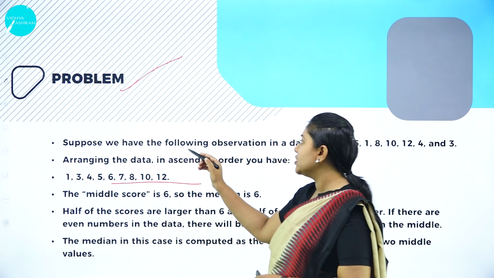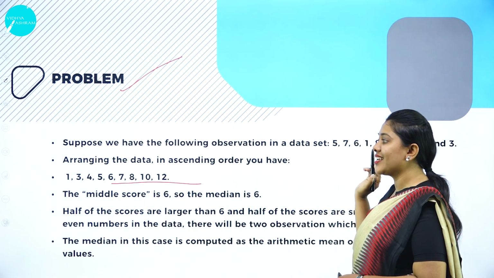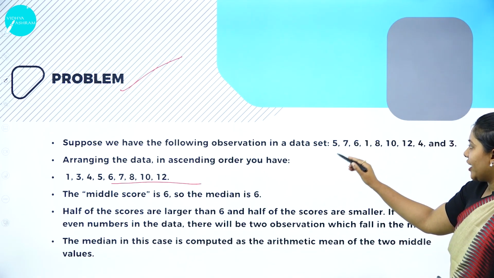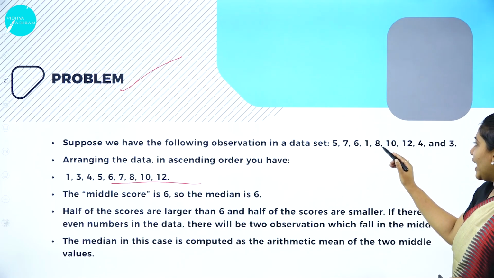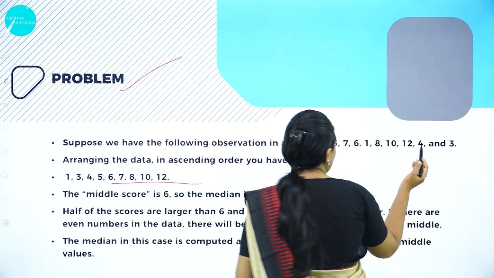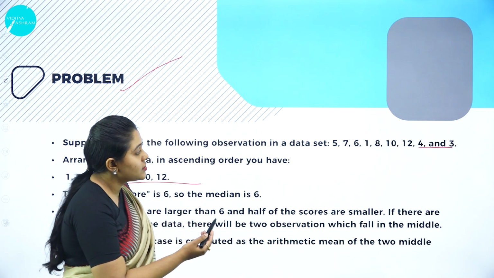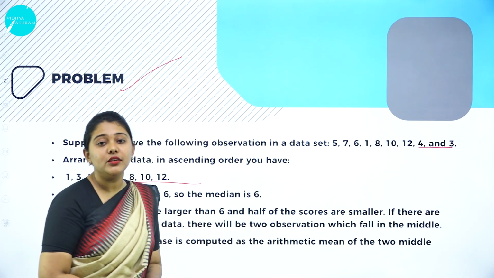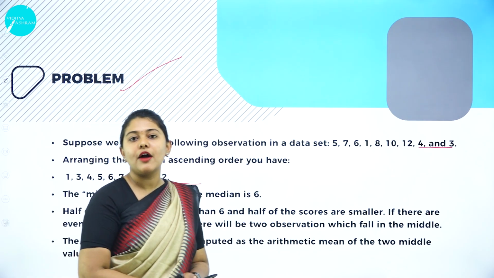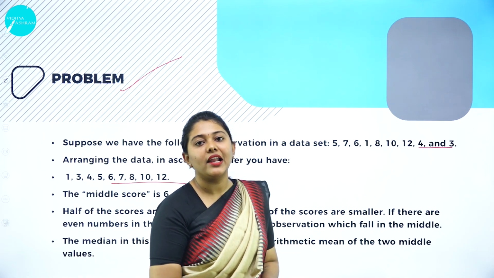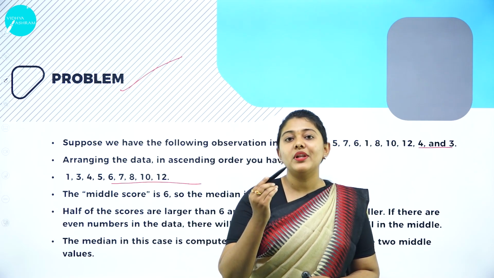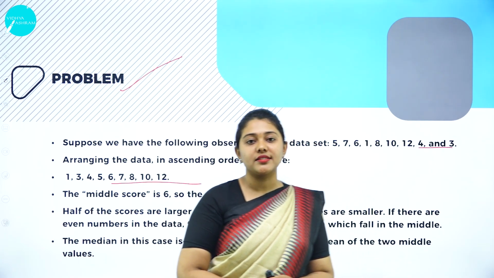Suppose we have the following observation in a data set given 5, 7, 6, 1, 8, 10, 12, 14 and 3. So what is this? 5, 7, 6, 1, 8, that is the ungrouped data. So what you people have to do first, in order to calculate the median, you people have to arrange them into ascending order.